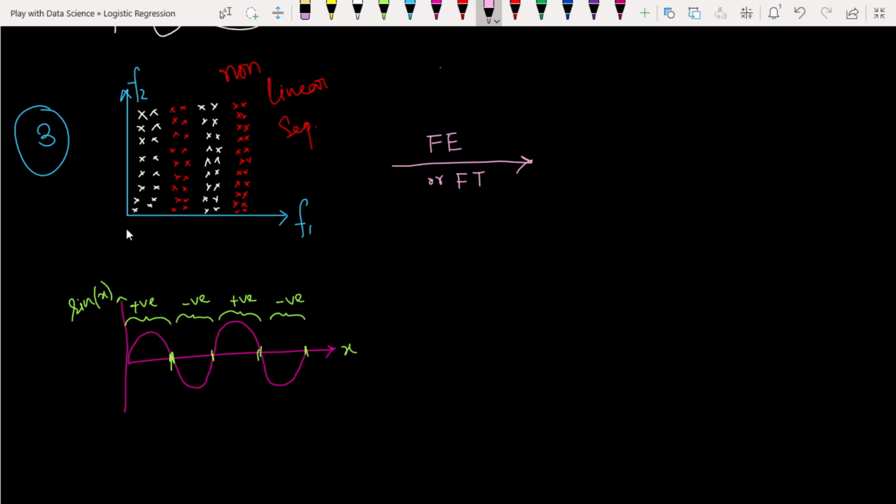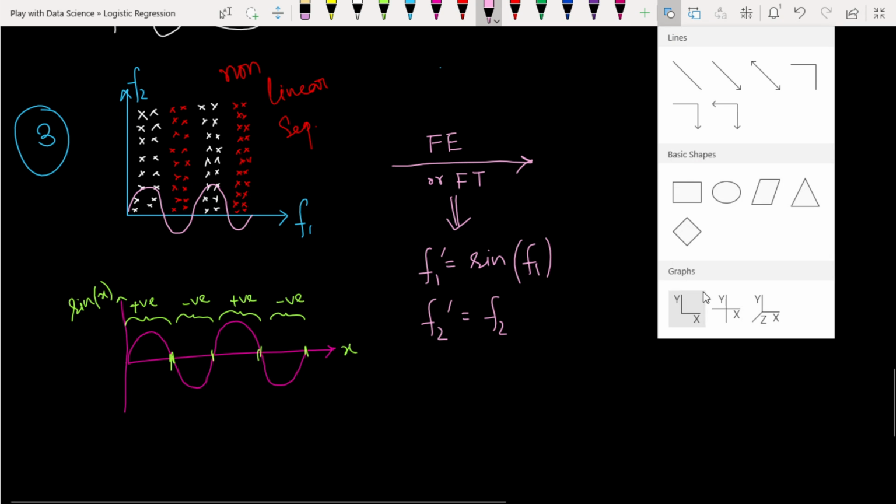Here we are using the sine function: positive in this region, negative, then positive, then negative. We use this concept to separate this data. So if we use our features like this, f1 dash is equal to sine of f1, and f2 dash is f2 as well. Now let's see how it is separable.